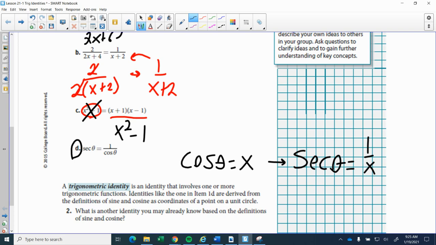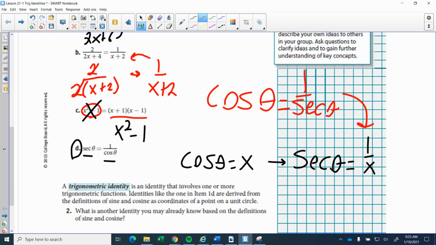What we're going to start getting into is that we can use identities of secant and cosine to our advantage, kind of like what they do right here. This same concept of cosine of theta equals 1 over secant of theta is what's resembled down here. We just wrote it as a trigonometric identity.